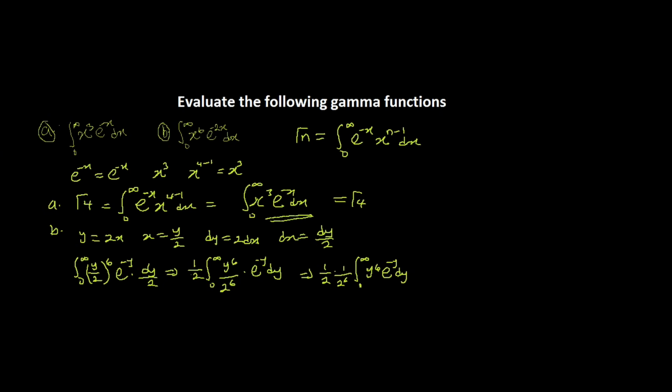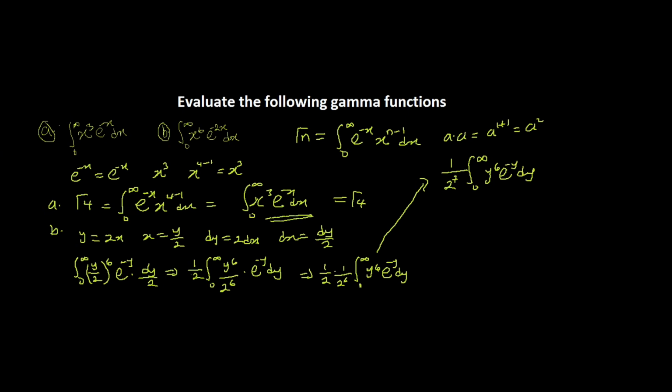So let's follow up here. From the laws of indices, we have that a times a is going to give you a raised to the power of 1 plus 1, which is equal to a squared. Now when we have this, it is going to give us 1 all over 2 raised to the power of 1 plus 6, which is 2 raised to the power of 7, times the integral from 0 to infinity of y raised to the power of 6 exponential minus y dy.